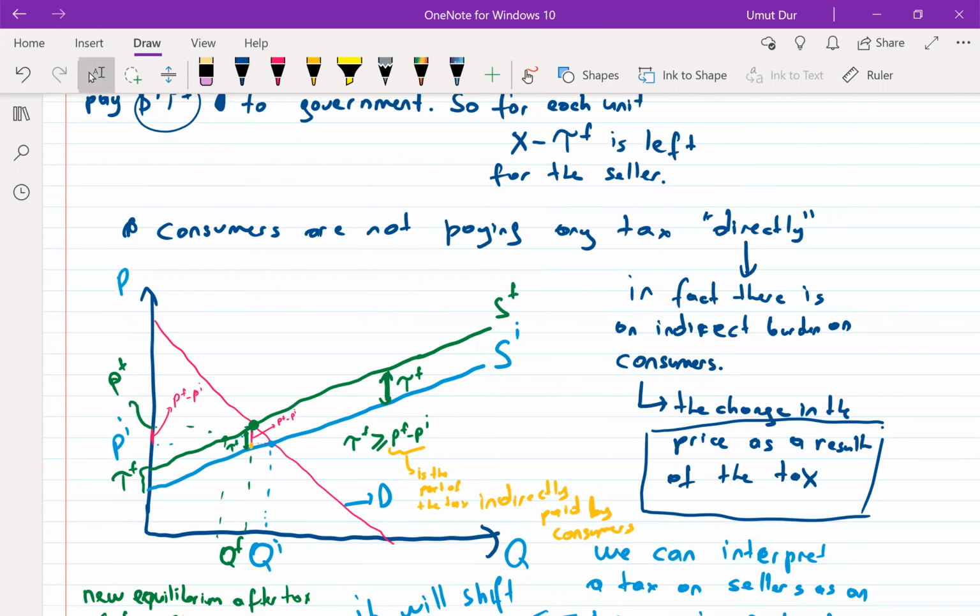When we have this tax, do we have any shift on the demand curve? Is there a shift on the demand curve? The equilibrium changes, but I'm not asking that. Do we see any change on the demand curve?